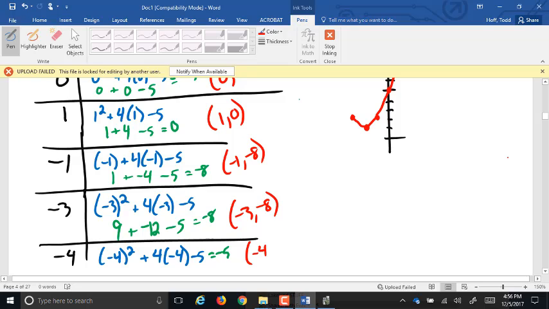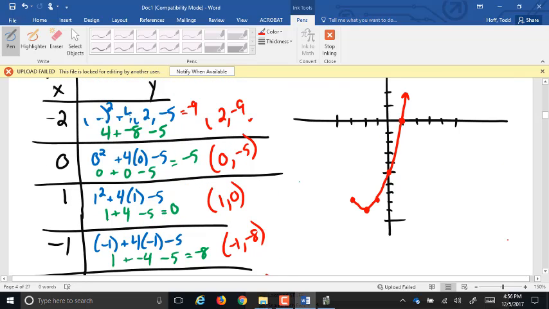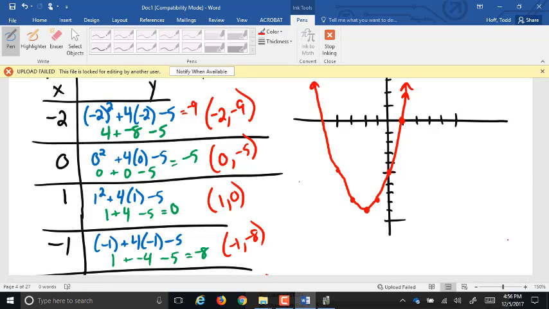So if x is negative 4, y is negative 5. So that is right there. You could maybe plot another point at x equals negative 5 and keep going. At x equals negative 5, y is going to be 0. And you'll see we get a curve like that. It's like a U shape. That is another common shape that we get along with our lines.